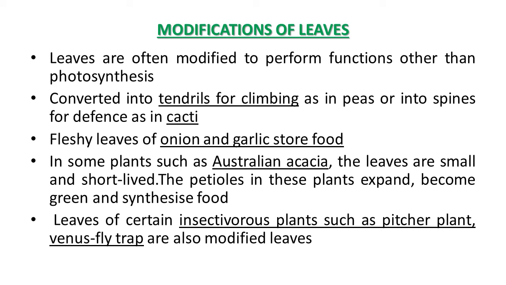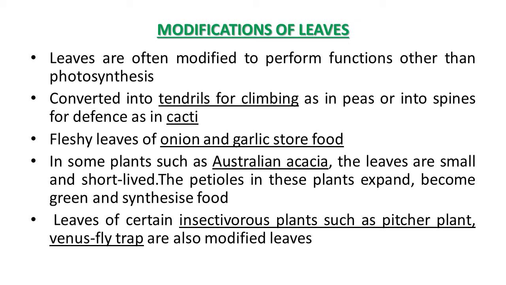So in this condition, the petiole of the leaf expands, it becomes green in color, and it can carry out photosynthesis. So where leaves are small, short lived and cannot fulfill the requirement of photosynthesis, at that time the petiole is modified, expands like a green leaf structure, and can synthesize food in plants.